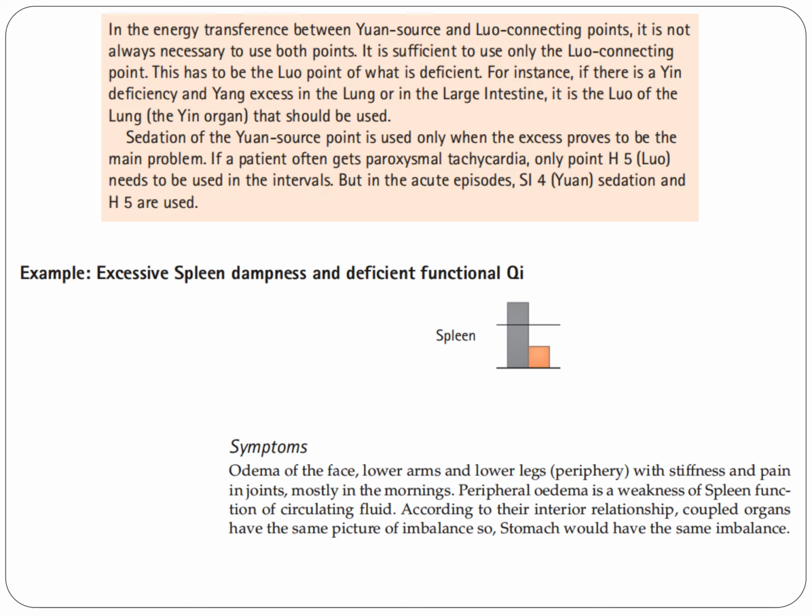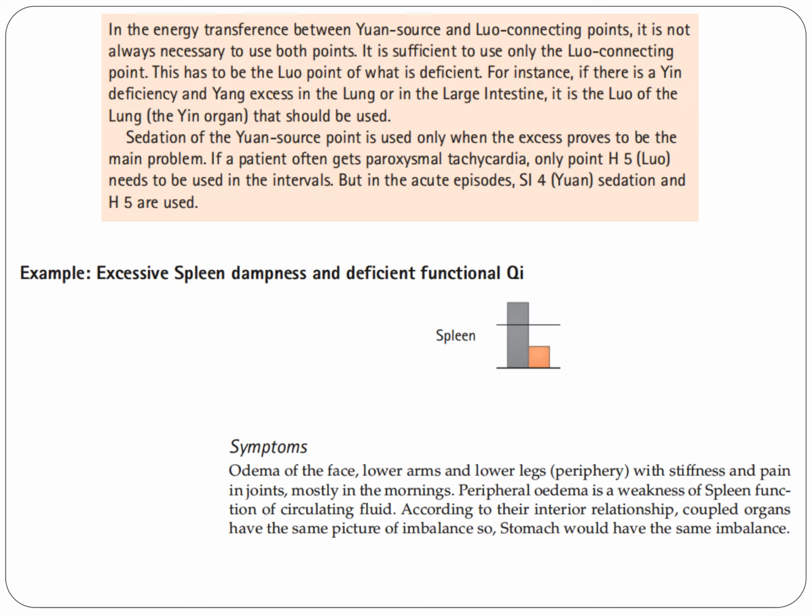Now let's have this example. Excessive spleen dampness, so very yin, and deficient functional qi. As you can see in the tower diagram, the yang is very deficient.